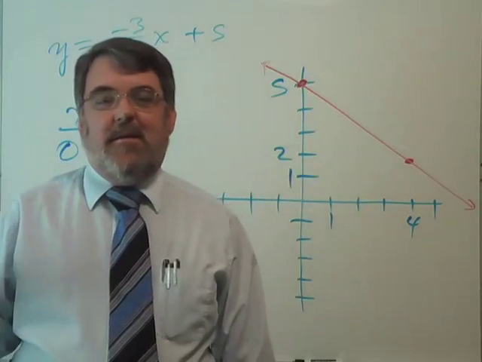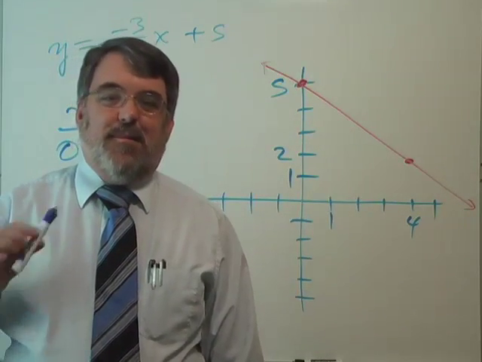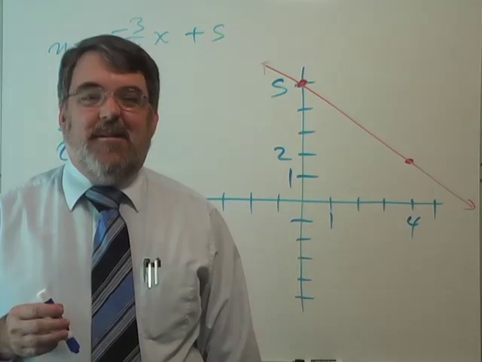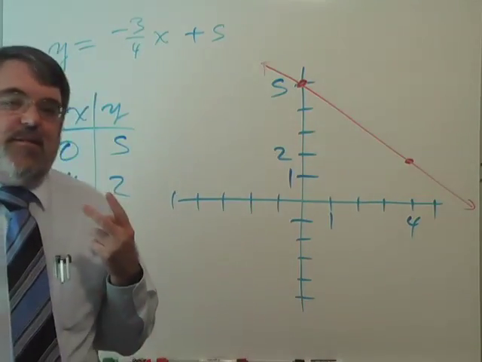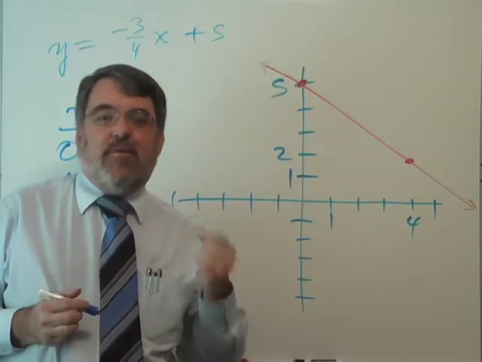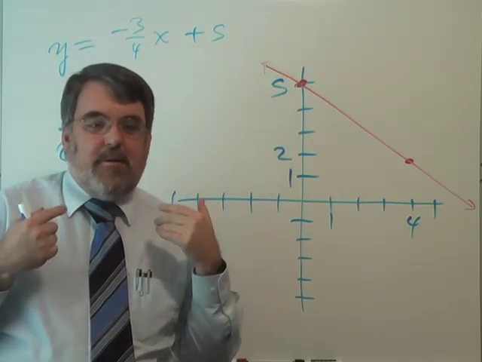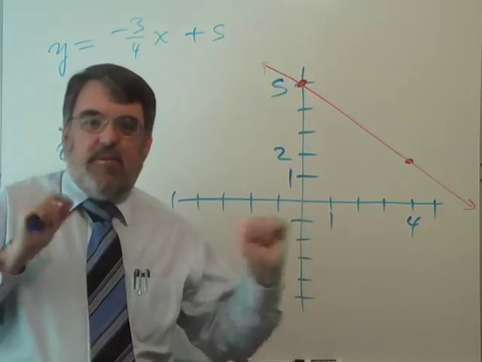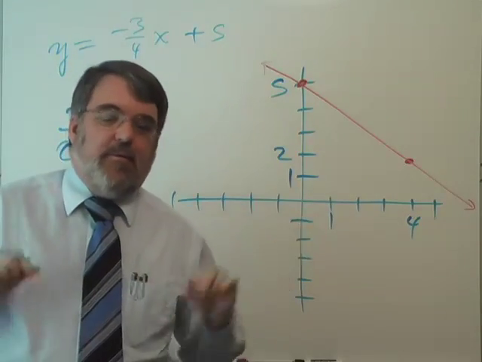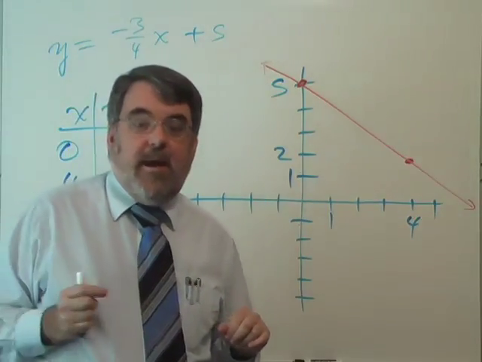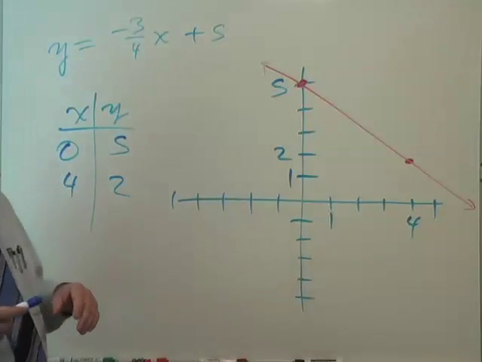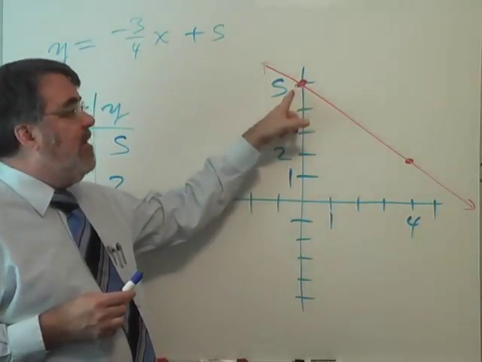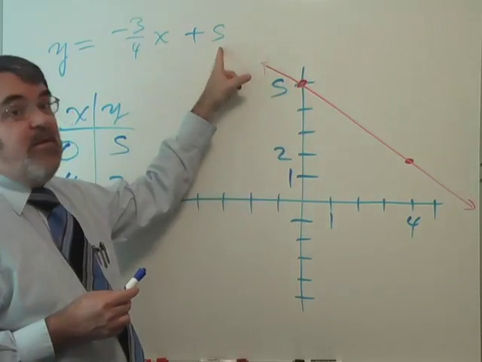Now, in the next section, we're going to explore other aspects of lines. It takes two pieces of information to describe a line. Commonly people know that it takes 2 points to describe a line. You can draw a line through 2 points. But if you broaden that, it takes 2 pieces of information. One piece of information is this y-intercept of 5, which appears here.